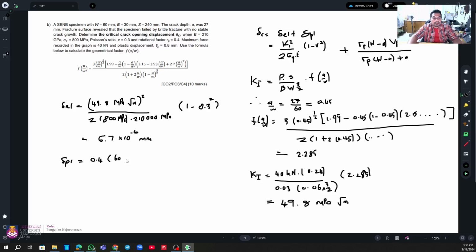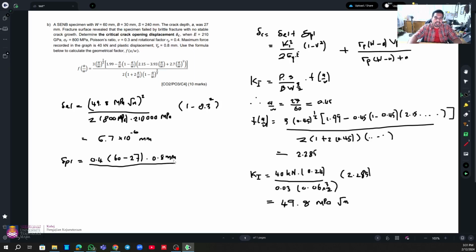Okay, minus A, in our case is 27. W minus A, 27. VP is already given straight away. You don't need to manipulate your graph because this is quite lucky. Sorry, in millimeter, no worries because everything is in unit of millimeter.